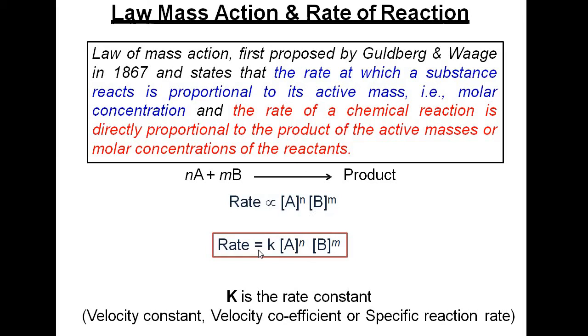On removing the sign of proportionality, we have rate equal to K, concentration of A raised to power n, concentration of B raised to power m, where K is a constant known as the rate constant. It is also known as velocity constant, velocity coefficient, or specific reaction rate.